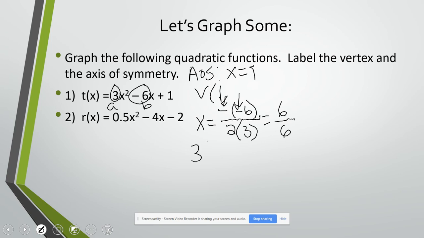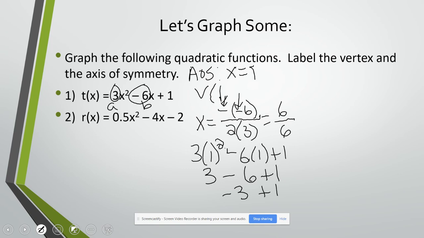Now for the y value, we have 3 times 1 squared minus 6 times 1 plus 1. 1 squared is 1, times 3 is 3. 6 times 1 is 6. 3 minus 6 is negative 3.